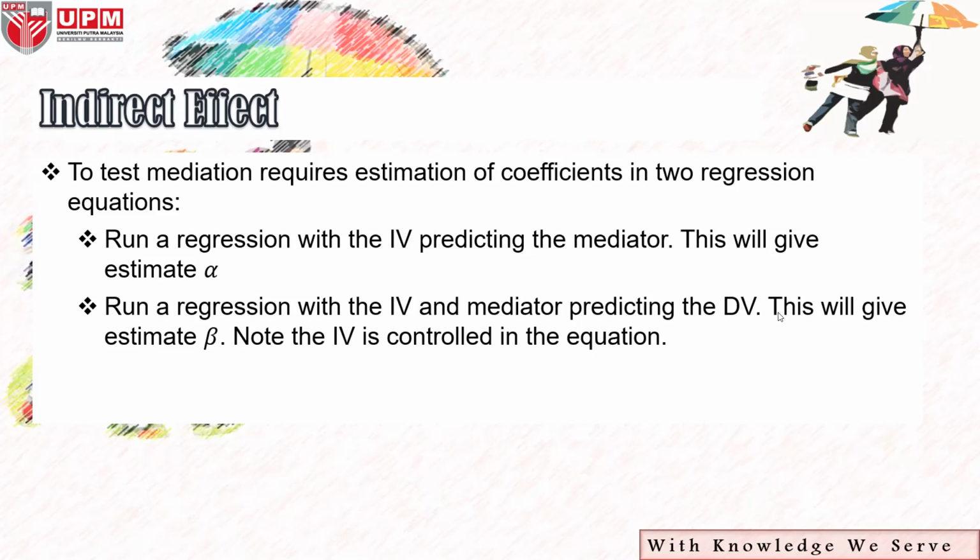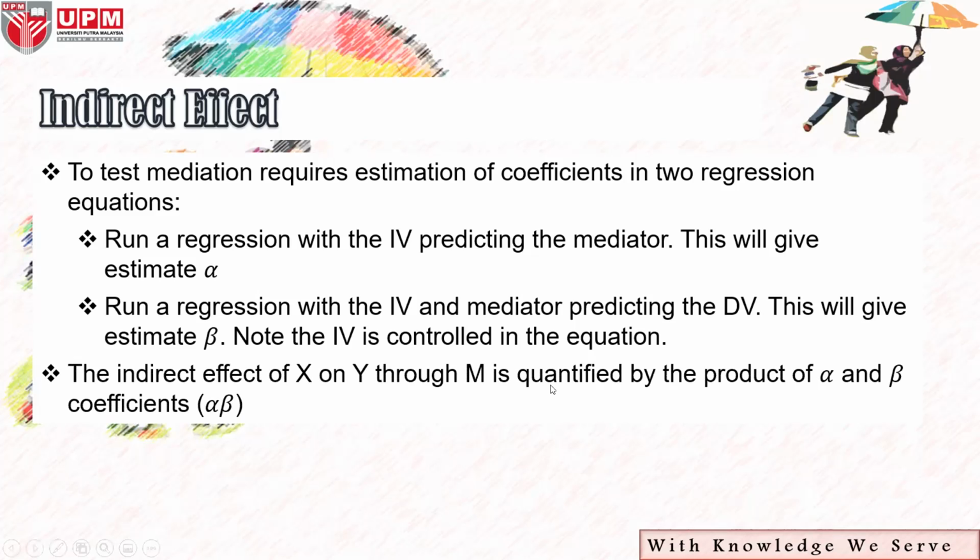So IV mediator, DV. This will give the estimate beta. Okay, note the IV is controlled in the equation. So the indirect effect of X on Y through M is quantified by the product of alpha and beta. Alpha multiplied by beta coefficients.